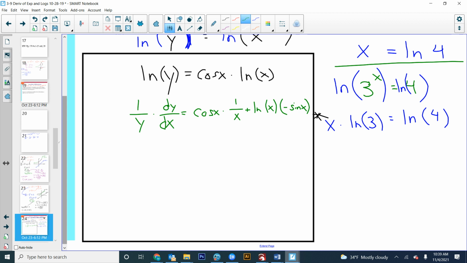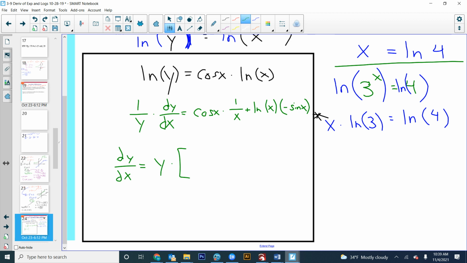All right, next step. I'm going to do two steps at once. What do I want to get? What am I trying to find here, by the way? dy dx. So I need to multiply both sides by y. So you're going to write y times all of this junk.